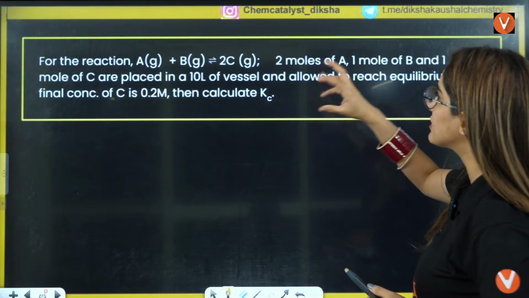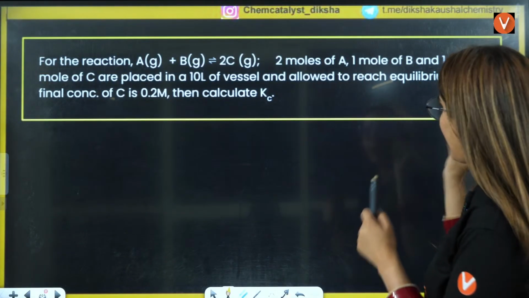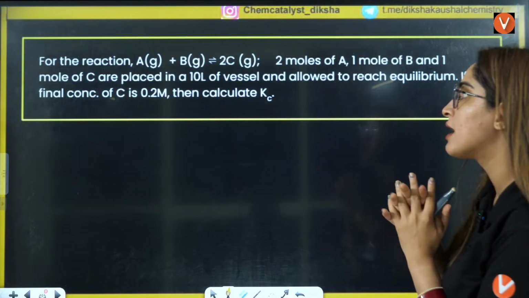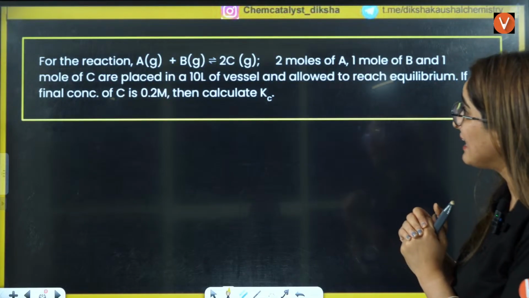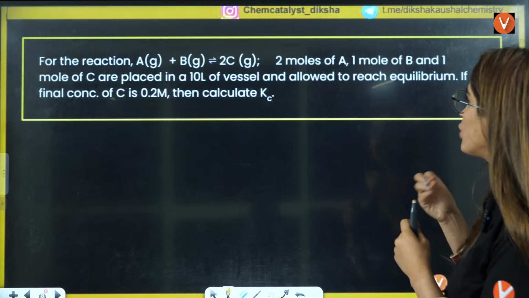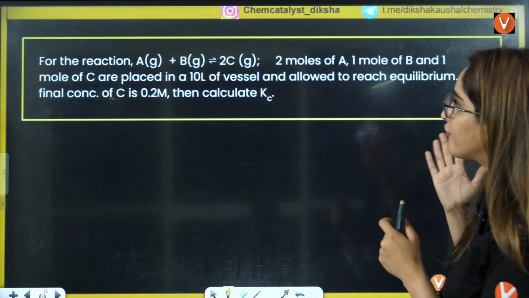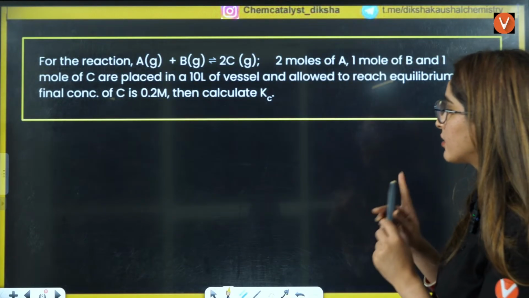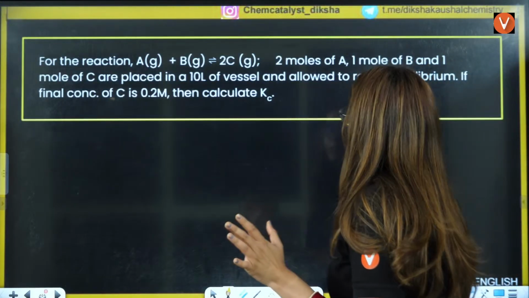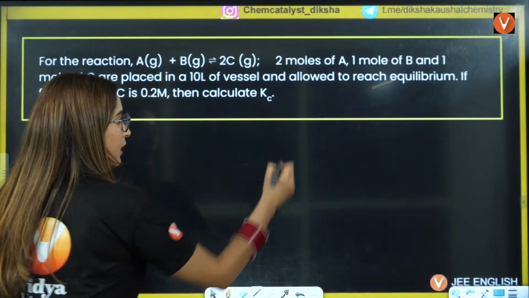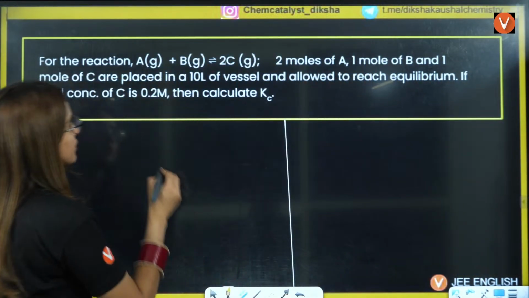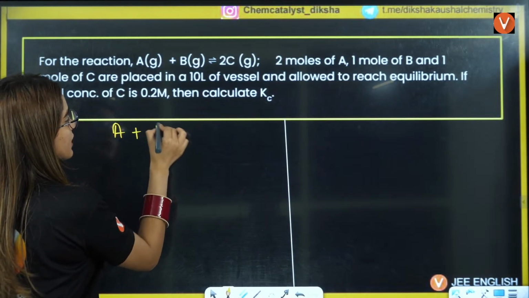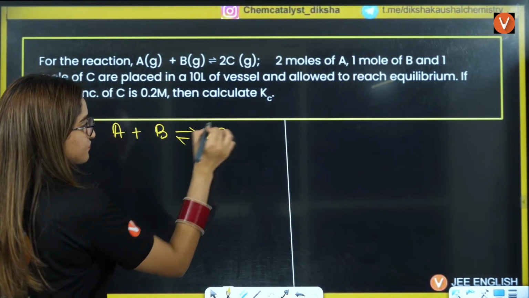For this reaction, 2 moles of A, 1 mole of B, 1 mole of C are placed in a 10-liter vessel, allowed to reach equilibrium. If the concentration of C is 0.2, then calculate the value of Kc. It's a simple thing. Same thing you will use here. See, A plus B gives rise to 2C.